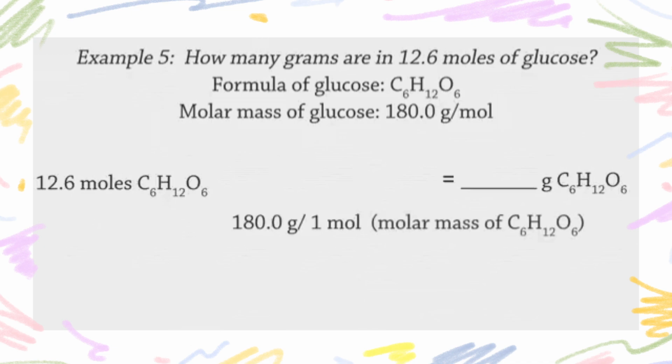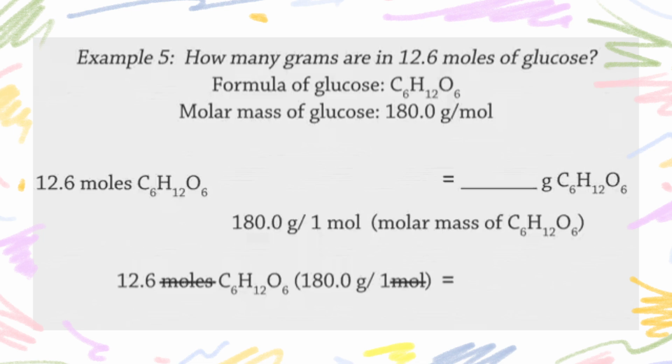Be careful with the orientation of the conversion factor so units will cancel. 12.6 moles C6H12O6 times 180.0 grams per 1 mole, moles cancel, equals some number of grams of C6H12O6. Multiply across and you'll get 12.6 times 180.0 divided by 1 equals 2,268 grams C6H12O6.